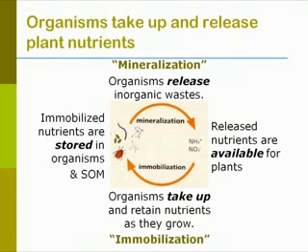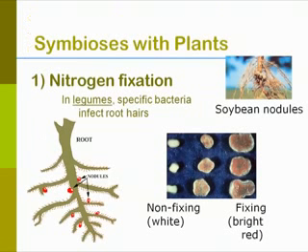And here's just a diagram of how a specific bacteria can infect the root and form these little nodules and actually take N2 gas from the air and convert it into nitrogen, which eventually becomes available in the soil solution in a form that the plants can take up, which is really pretty cool. And this is a way that I showed the picture of the white ones and the pink ones, which shows if your nodules are actually functioning or not.